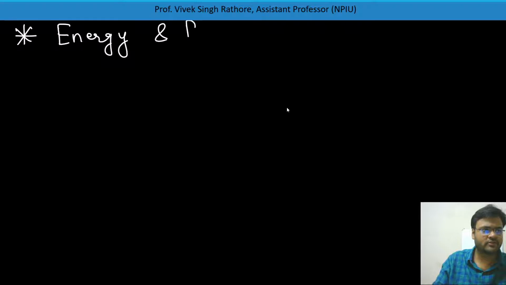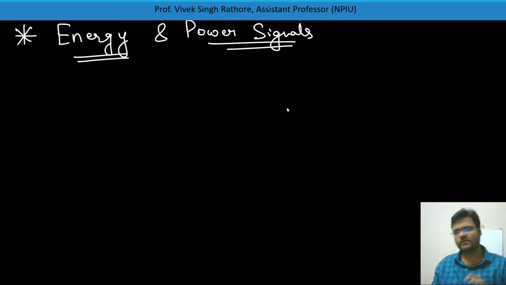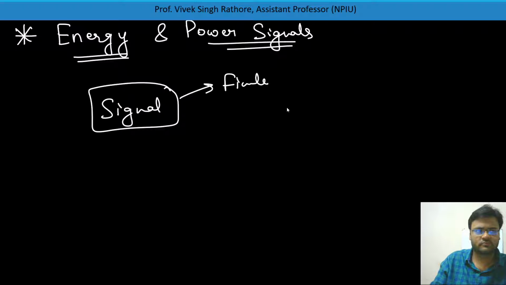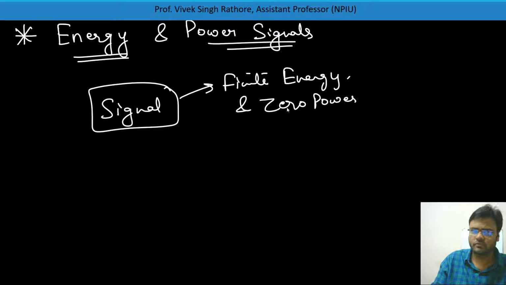First we'll take energy and power signals. So what is an energy signal, and what is a power signal? Any signal which has finite energy and zero power is called an energy signal.